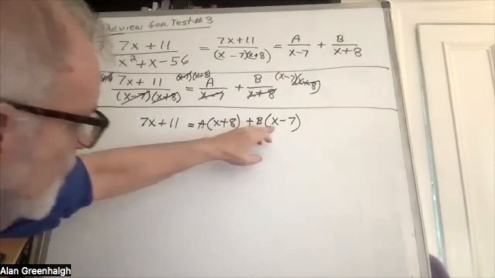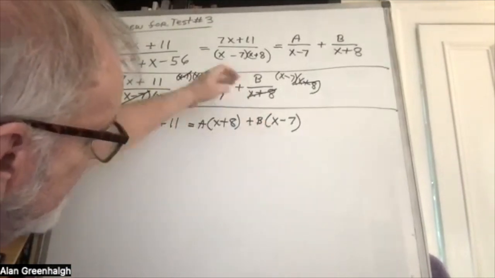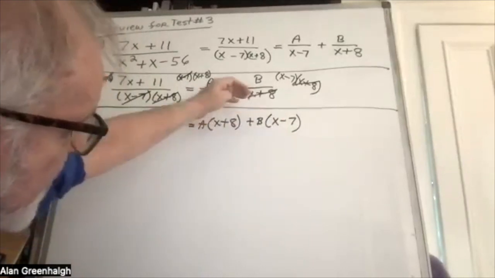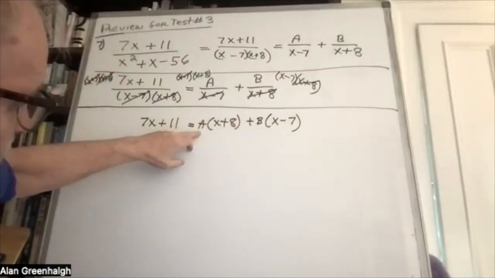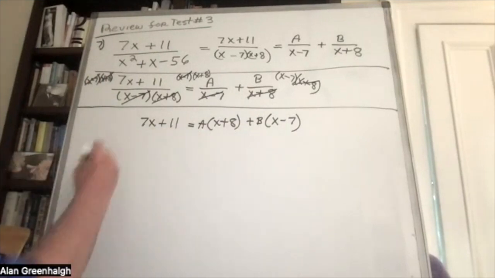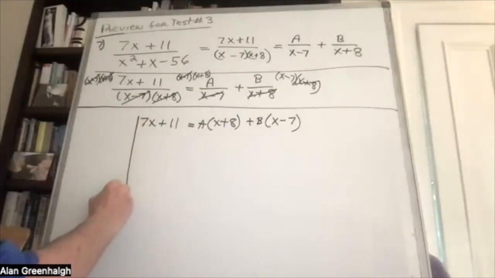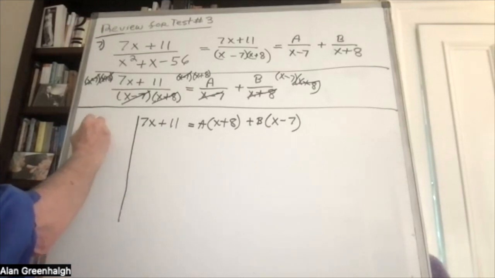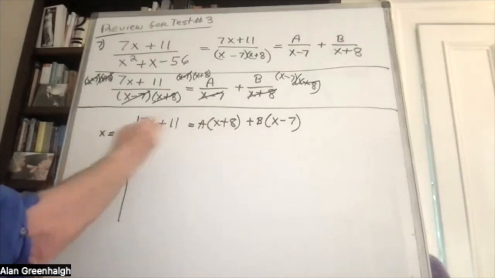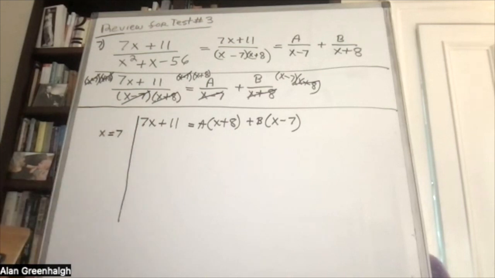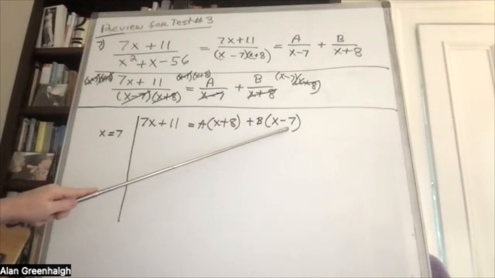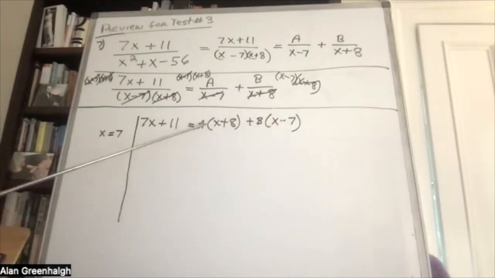And then we let x equal something that'll knock out the other expression, and that will give us the ability to solve for b. So we let x equal, let's start with the 7. When we substitute this 7 into this expression, this will drop out and it'll give us the ability to solve for a.